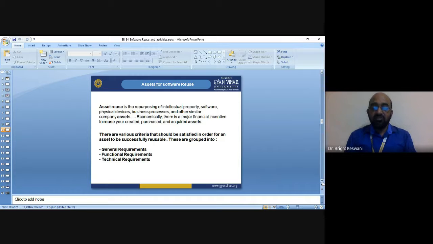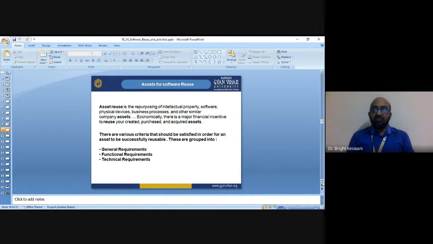So there are various criteria that should be satisfied in order for an asset to be successfully reusable. These are grouped into general requirements, functional requirements, and technical requirements. General requirements focus on aspects such as compliance with relevant standards, completeness, modularity, and simplicity.